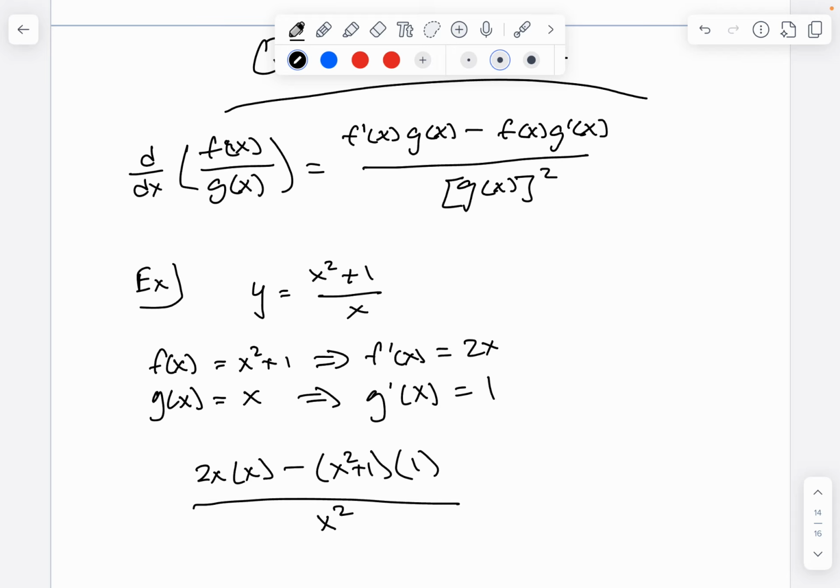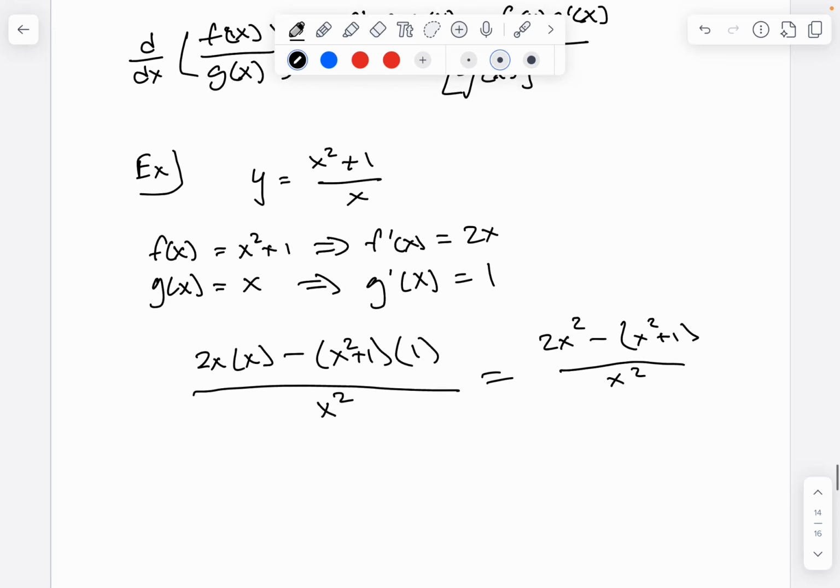So let's simplify this and combine like terms, to which we get 2x squared minus x squared plus 1, over x squared.